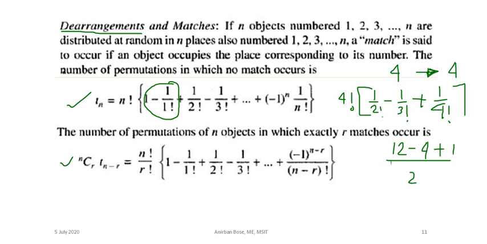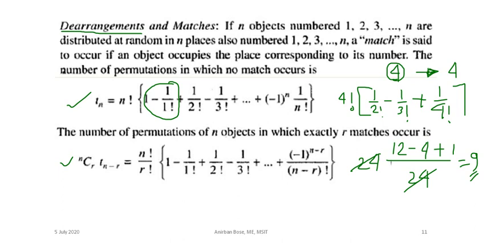The 24 in the LCM cancels with this 24, you need not write it. So 12 minus 4 is 8, plus 1 is equal to 9. So for 4 envelopes corresponding to 4 letters, the rearrangement is possible in 9 different ways.